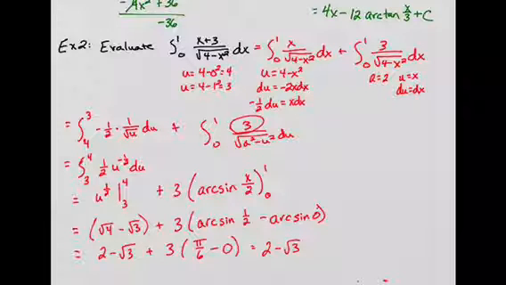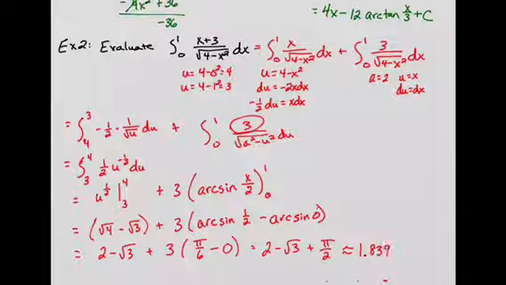So 3 times pi over 6 is pi over 2. So I get 2 minus root 3 plus pi over 2. Or if you want a decimal, that would be about 1.839.